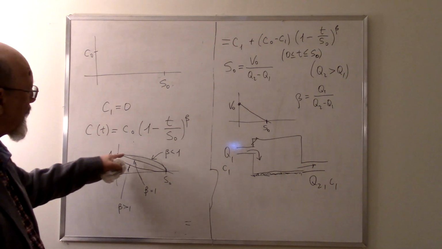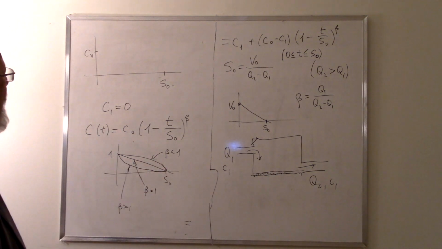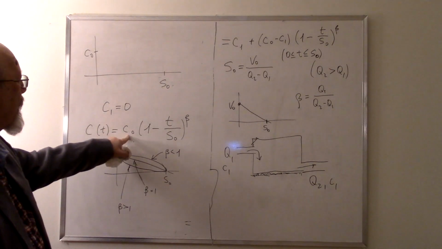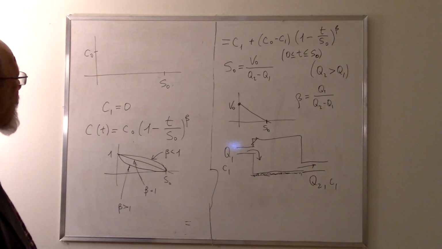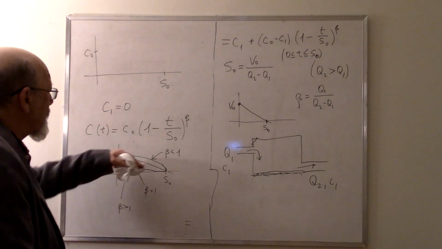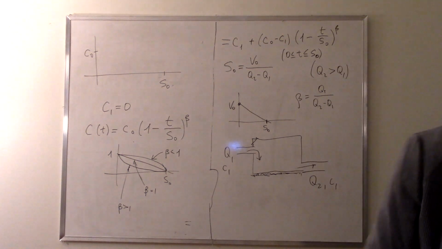But in all cases, it starts from 1 and ends at 0, and here it is multiplied by C0. Now if C1 is not 0, it all is lifted by C1.